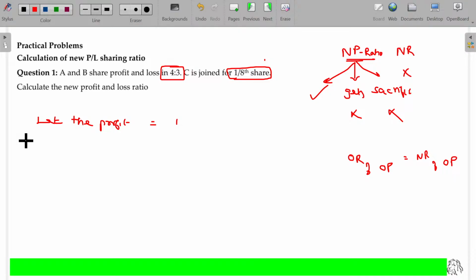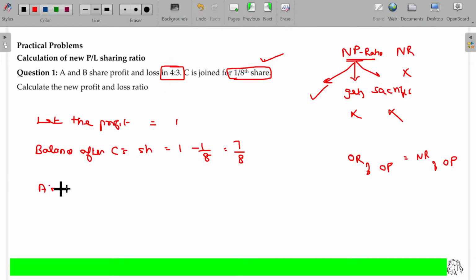First, you pay the incoming partner 1/8. After payment, what is the amount you are left with? It will be shared by the old partners in their ratio. So the balance after C's share is 1 minus 1/8, that is 7/8. In this balance, A and B will be sharing in the ratio 4:3.